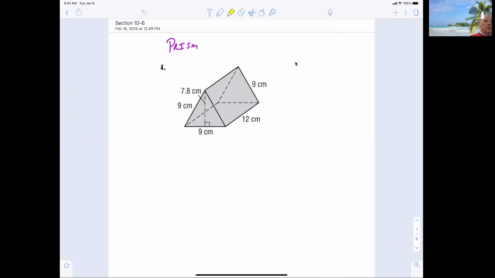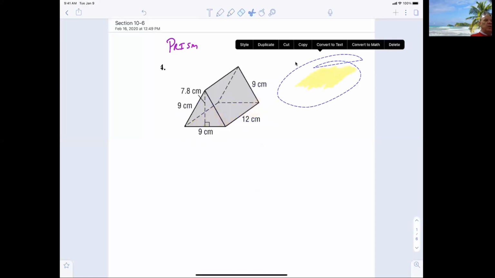This right here, is that the base? What figure is the base? The triangle is the base. Now, how do I know what the base is?